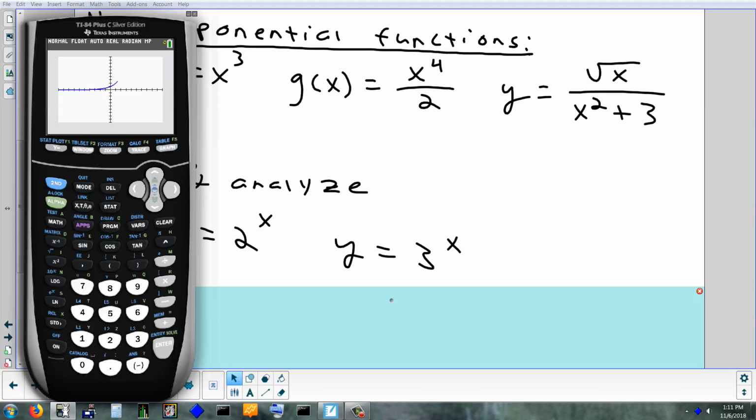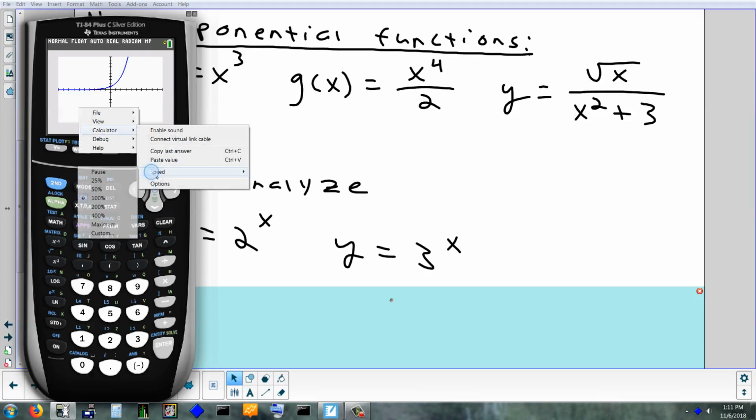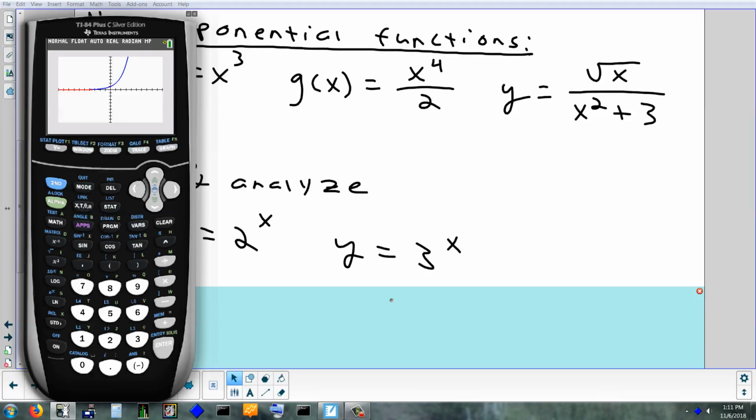So it starts out very flat, and then it curves up. And then the red one starts out pretty flat, but it curves up sharper after a certain point. Okay. If I zoom in a little bit, I think you'll be able to see something happening.